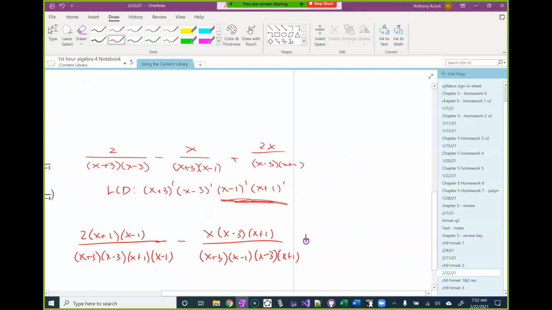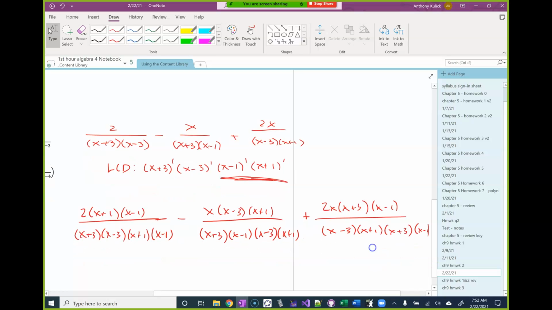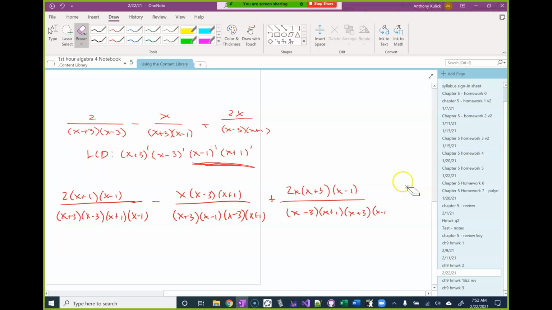And if I look at the last fraction, I'm missing the x plus 3 and the x minus 1. Are you okay with how I've gotten to here? Still doing okay?